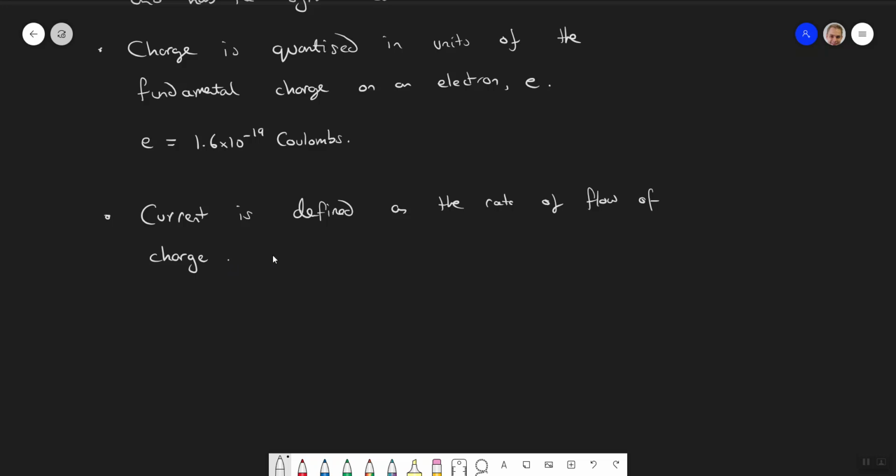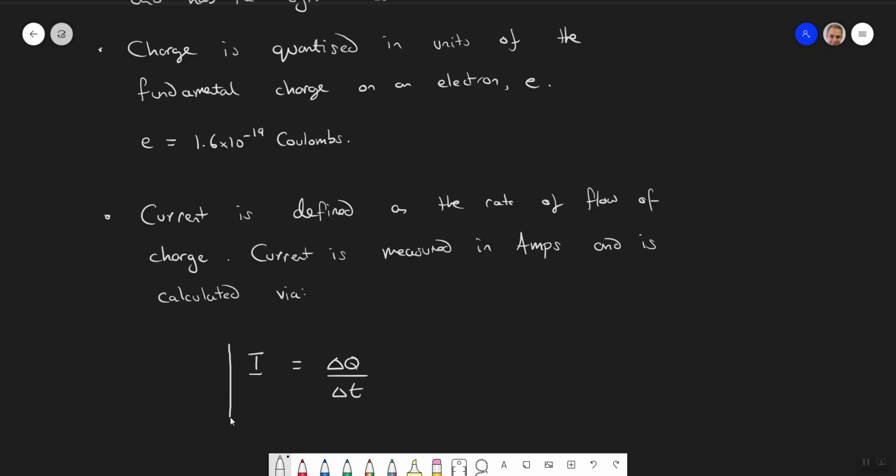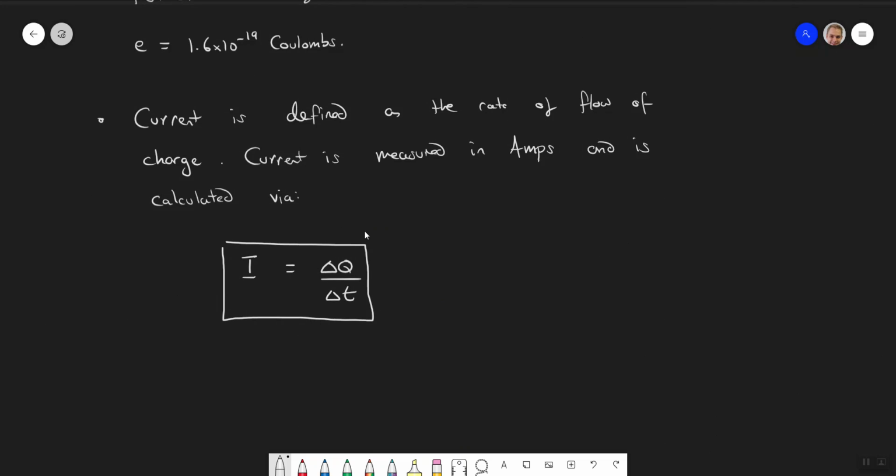So current is measured in amps, which is short for amperes, and is calculated via I equals delta Q over delta T. If a current is steady, then you would just say total charge over total time.